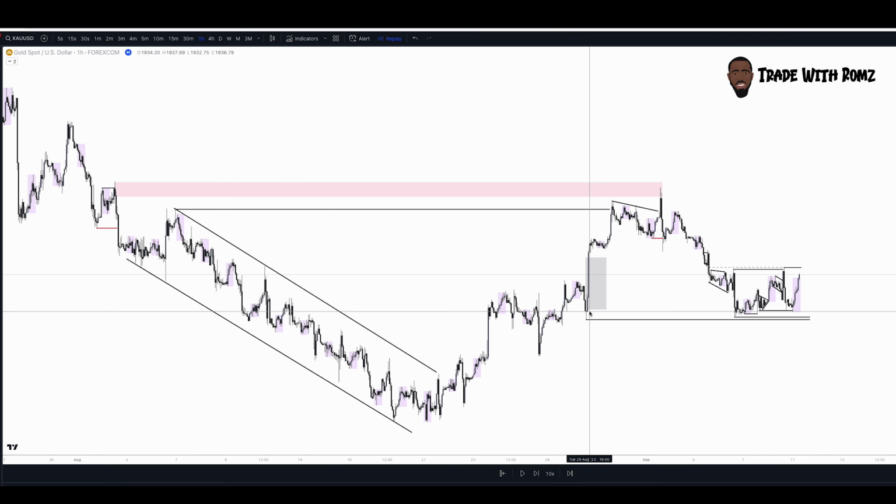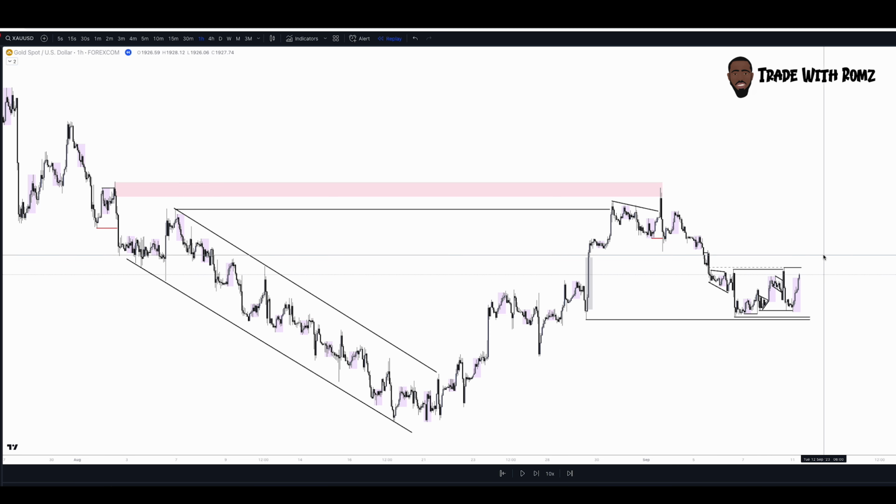Price came to the bottom of it, went straight through it, and then it tapped into this candle here at the bottom with a large wick, right? So this fair value gap did not hold anything at all. It was completely violated.